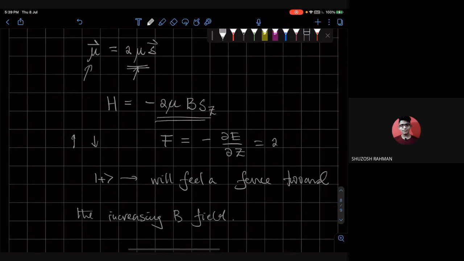I got 2 mu S_z, which is some constant, times del B by del z. So if S_z is positive, it's going to feel a force in the positive gradient direction, and if it's negative, it's going to feel a force in the negative gradient direction.